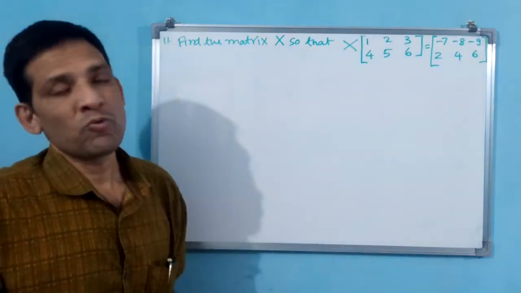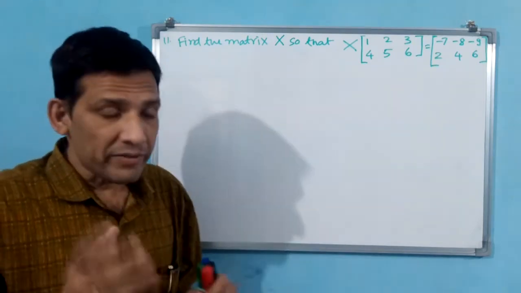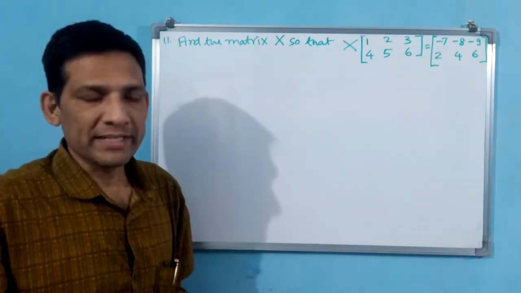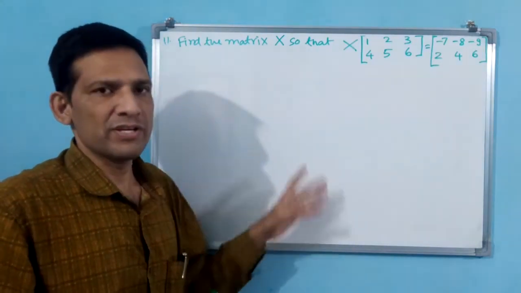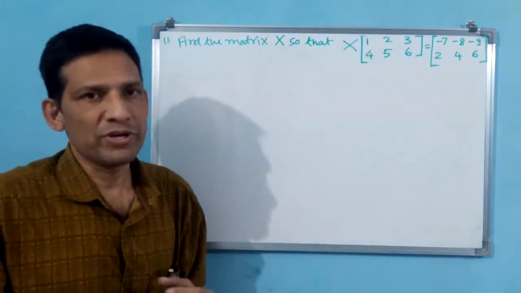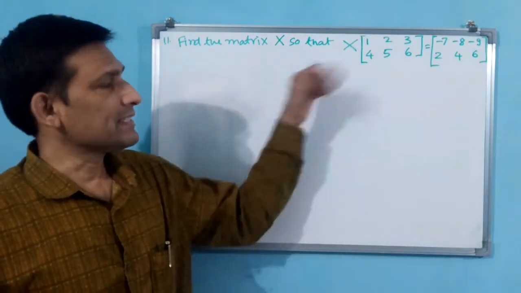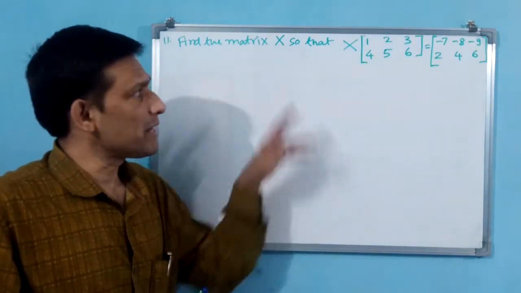Then how to find this X? First, what will be the order? See, you have to take X as A, B, C, D, E, F, or A, B, C, D, or like that, do the calculation and equate. Then you are going to get this answer. But whether X is a 2 by 2 matrix, 2 by 3 matrix, or 3 by 3 matrix, how do you find it?